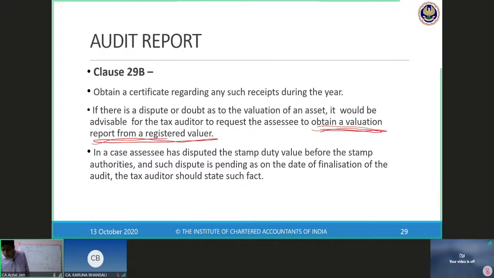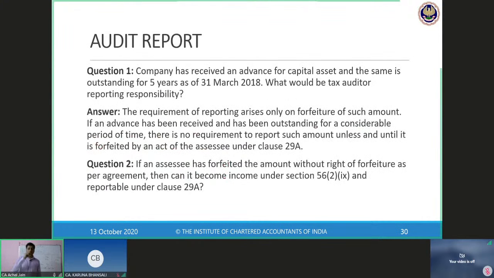At times you may think, it is saying that the tax auditor should state. So what does it mean? That the tax auditor will write in his report in this Form 3CD? It simply means that he should ensure that this is mentioned in Form 3CD. He is not required to report. He will be required to report in case this has not been taken care of by the management.